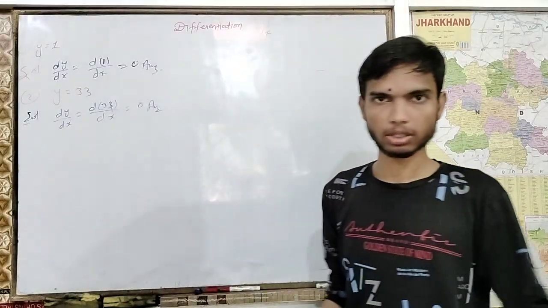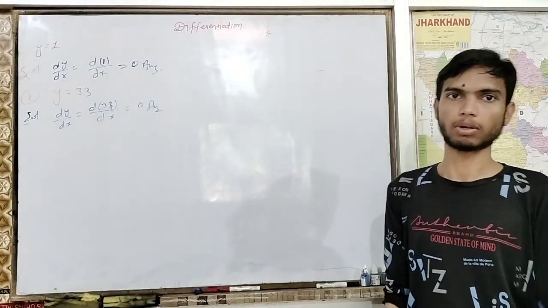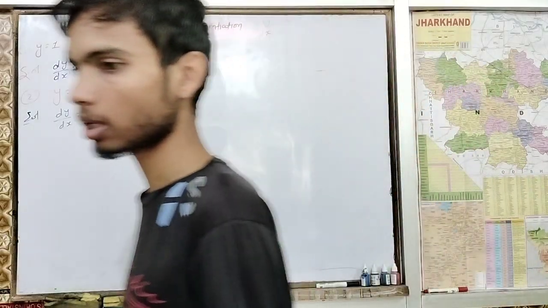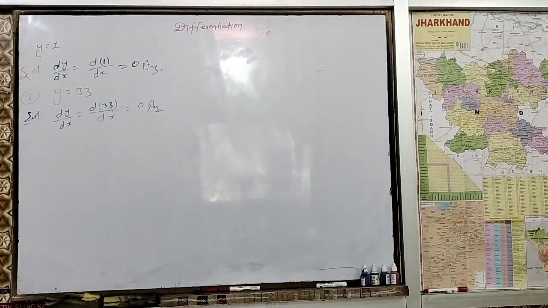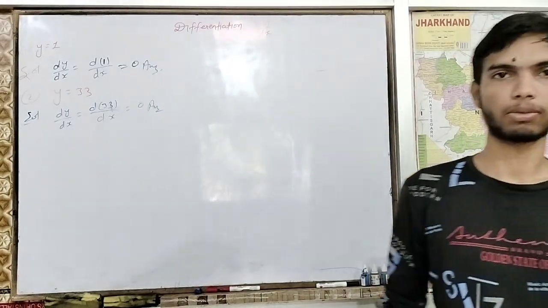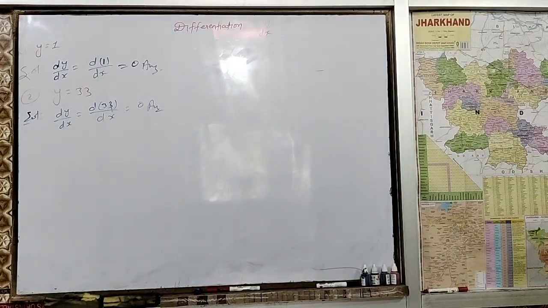Any number which is fixed will give us 0 at the end after differentiation, a constant. You understood that any constant number will be 0 after doing differentiation.